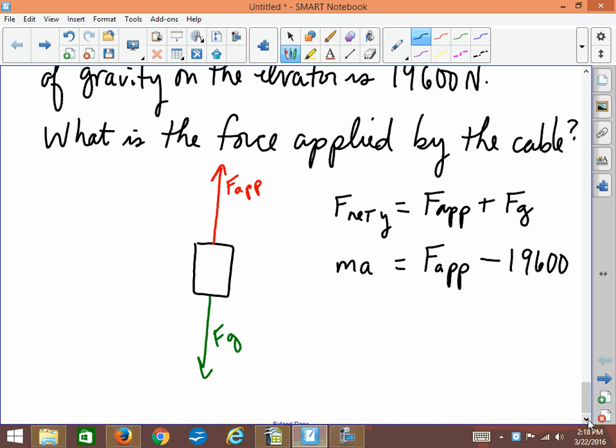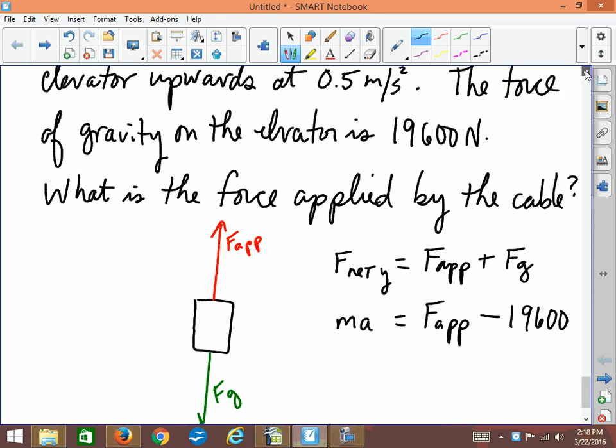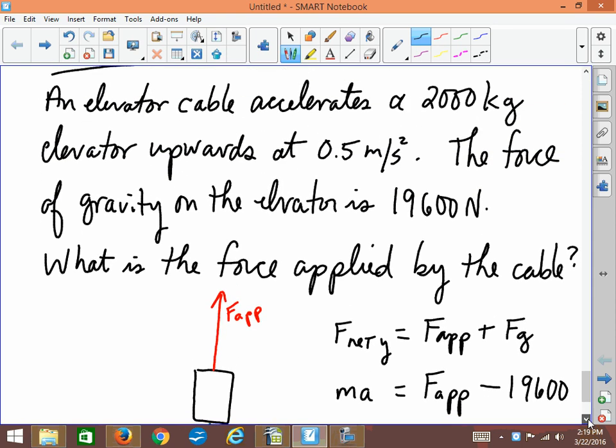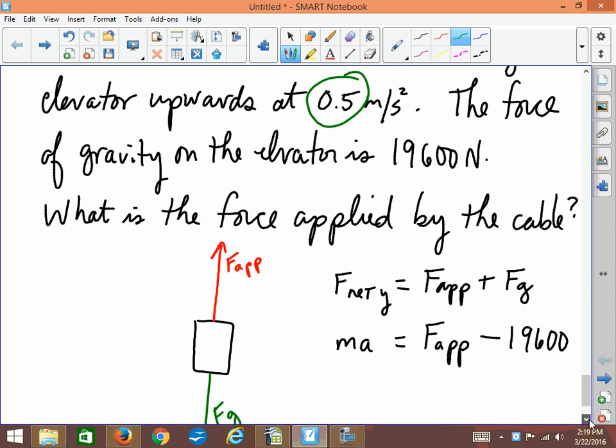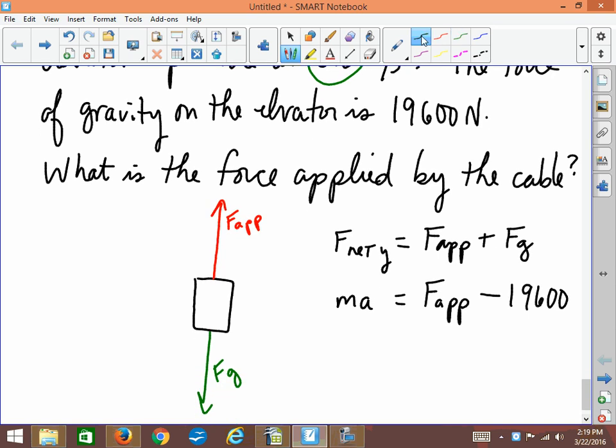What is the force applied? The mass of the elevator was 2,000 kilograms, and the acceleration was 0.5, so I can put those in here, and I get 2,000 multiplied by 0.5 equals F applied minus 19600.